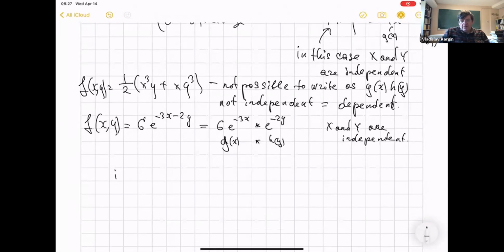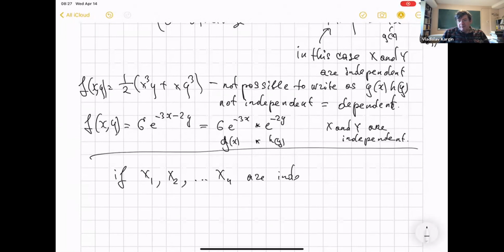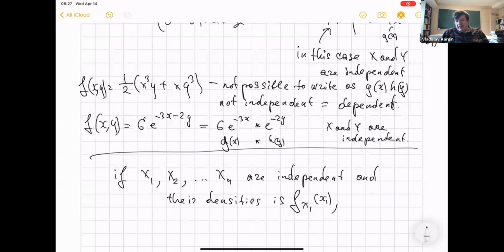If X1, X2, ..., Xn are independent and their densities are f of X1, f of X2, and so on, where x is just a placeholder, the argument of the function.